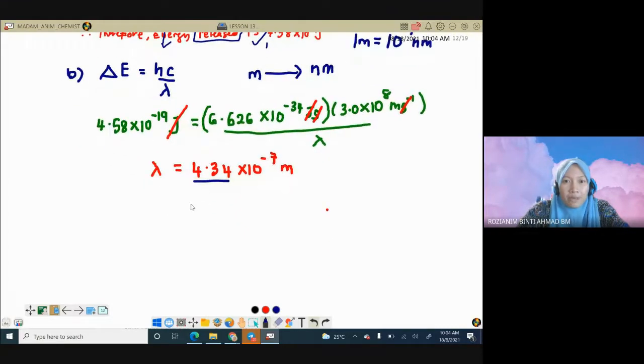So watch me convert the unit. According to the wavelength we wrote down, we found 4.34 times 10 to the power of negative 7 meter. We want to change it to nanometer.